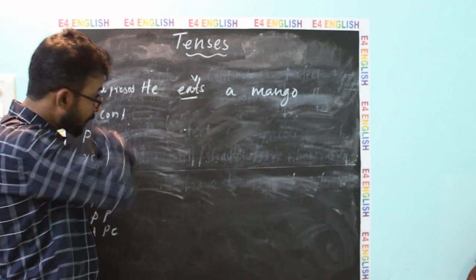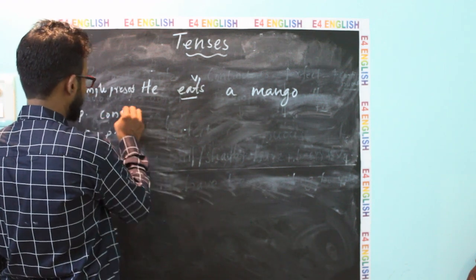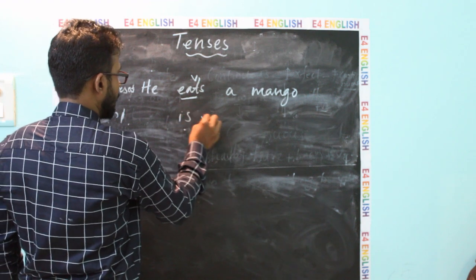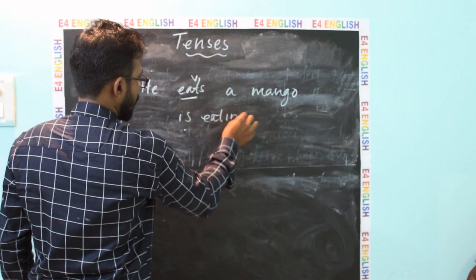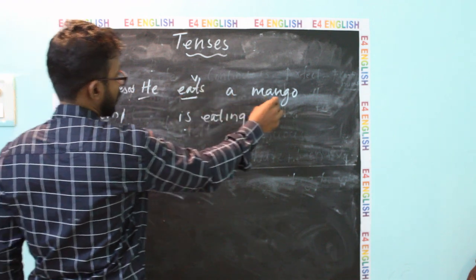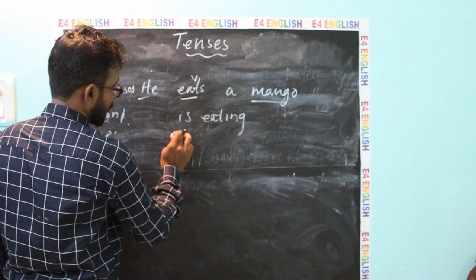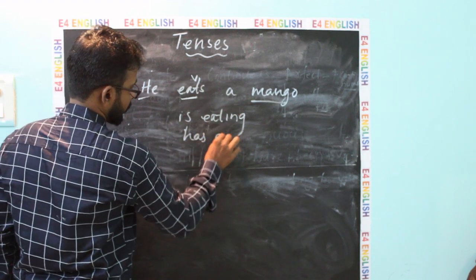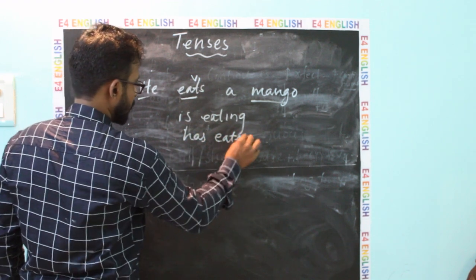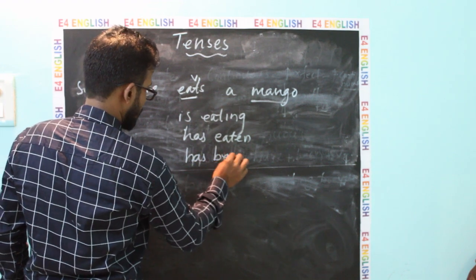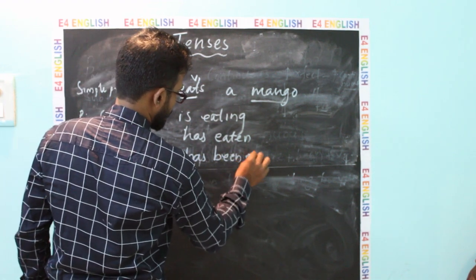What kind of change in the verb will occur in present continuous? Is eating. According to this subject only we are taking. Then present perfect: has eaten. Present perfect continuous: has been eating.